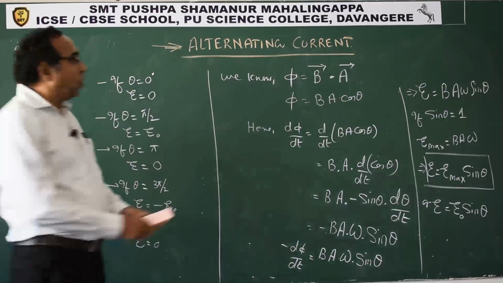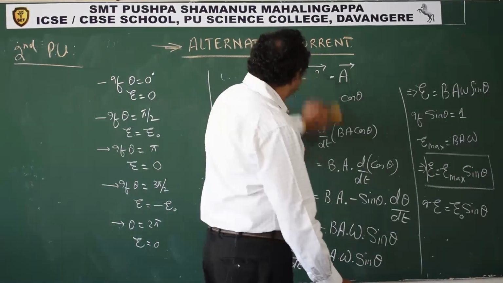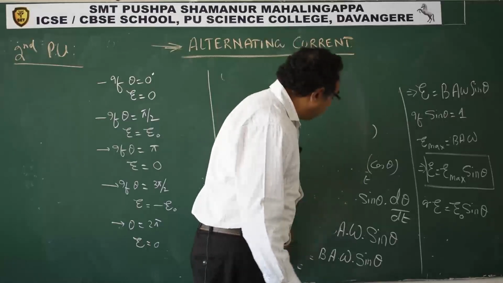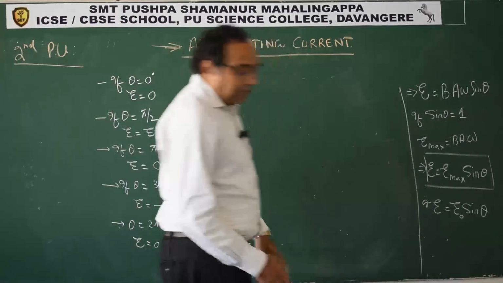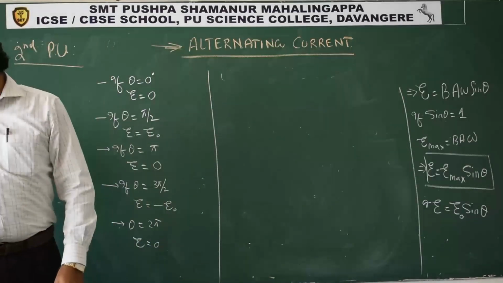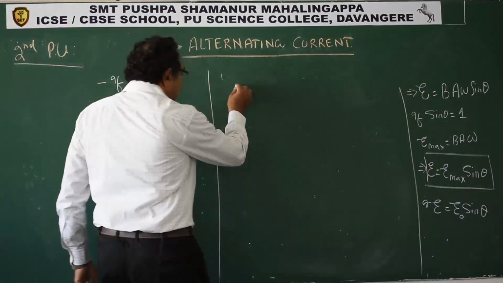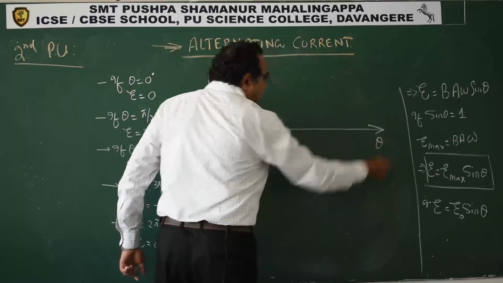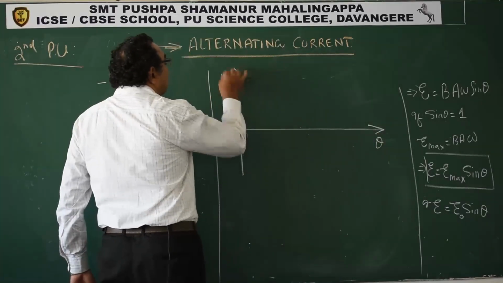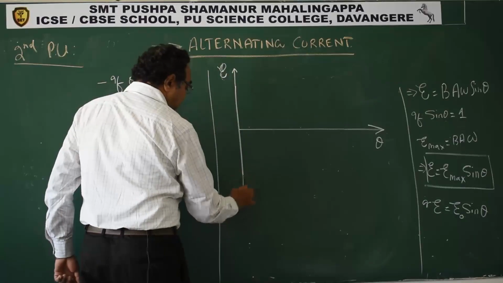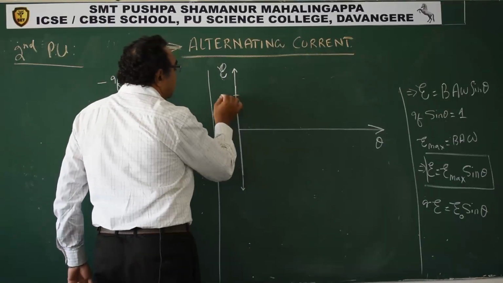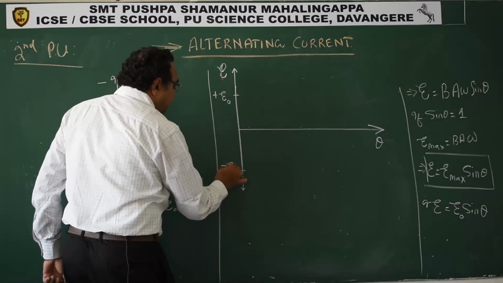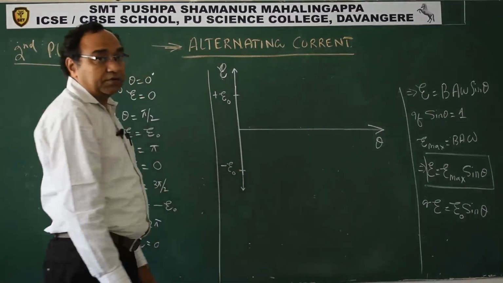Let us plot what we have found out. What is the nature of the graph that we get? If we try to plot it, then observe, here I am plotting theta and here I am plotting E. Let us say this is our plus E naught, and this is minus E naught.